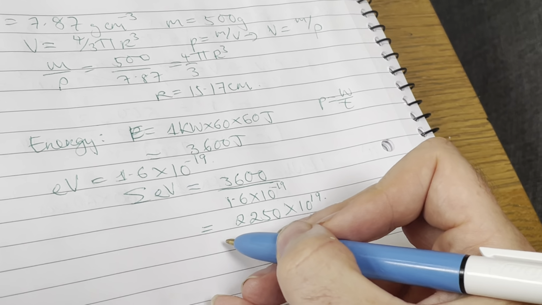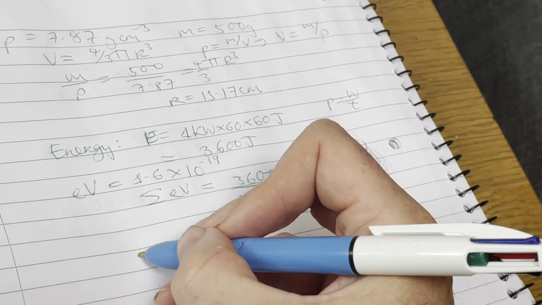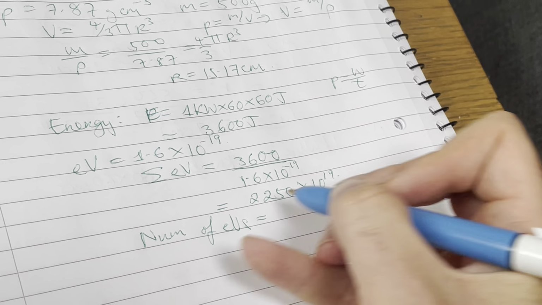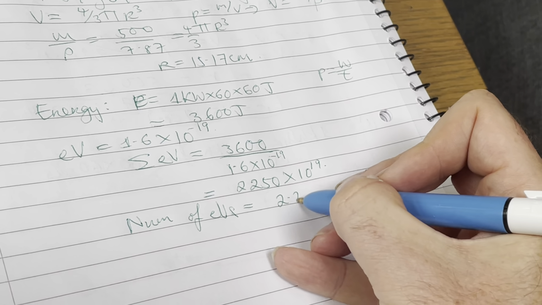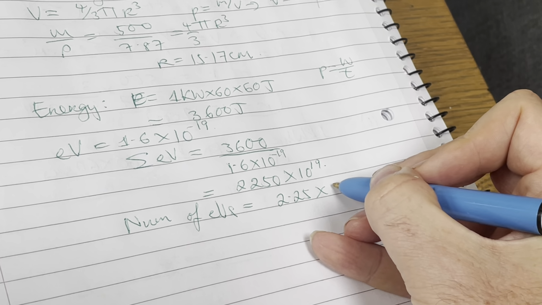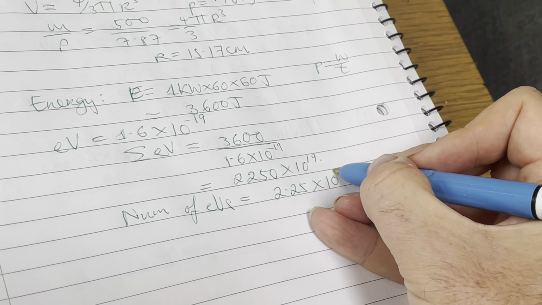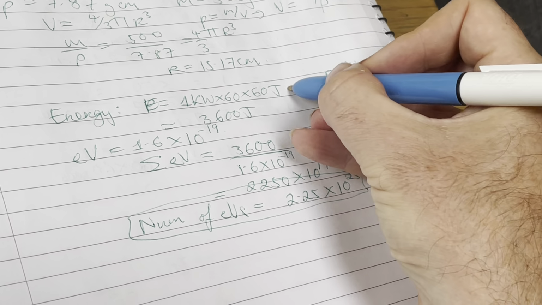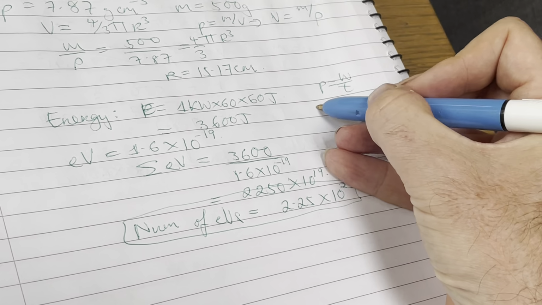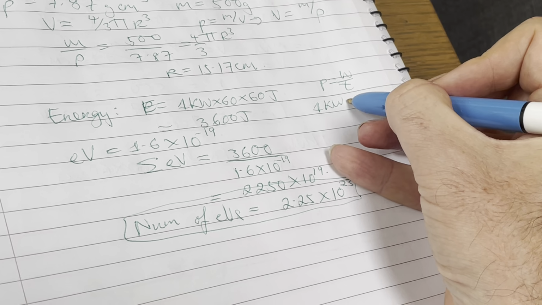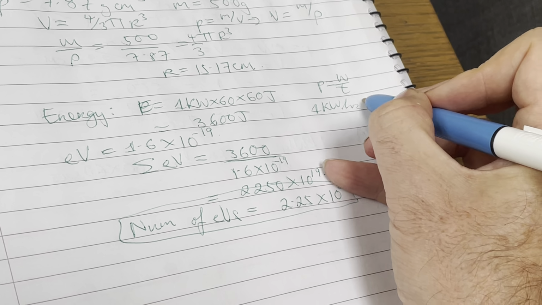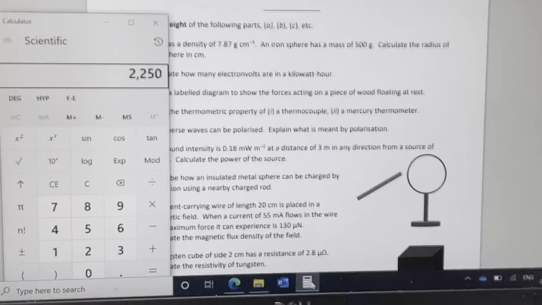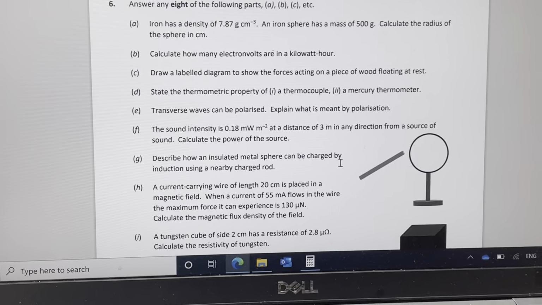To put that in scientific notation, the number of electron volts will be equal to 2.25 by 10 to the power of 23. So that's a huge number of electron volts. That's because 1 kilowatt hour is your standard use, like putting a kettle on for an hour in a house. And because electrons are so tiny, that's why the number is so big.